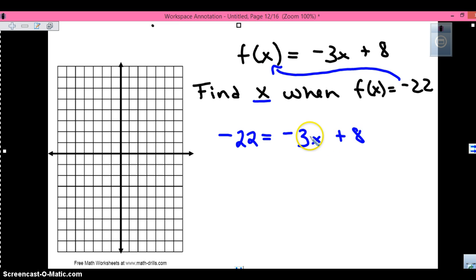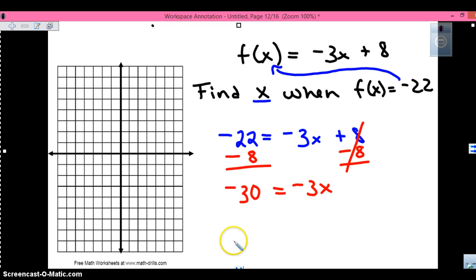Can we find x now? We can say minus 8, which you do to one side, you do to the other. Negative 22 minus 8 is negative 30. That's equal to negative 3x. Have we finished finding x? We have to divide by negative 3, what you do to one side. So 10 is equal to x.